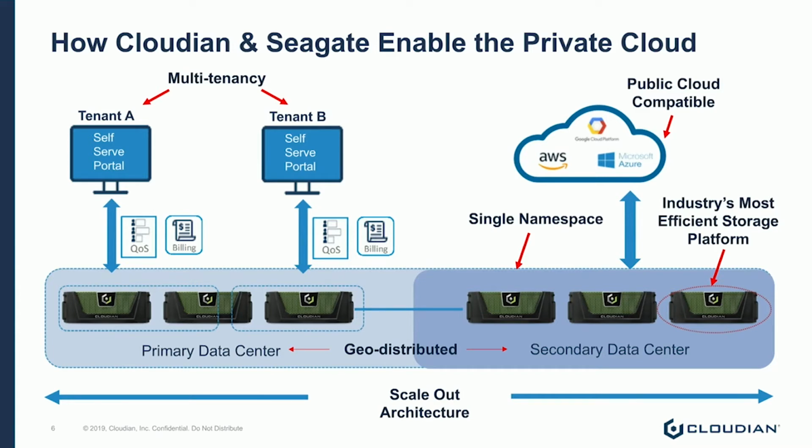It works with all 3 major public clouds, AWS, GCP, and Microsoft Azure, and allows you to not only replicate data into those environments, but also tier, so you can use it for capacity expansion, or you can use it for DR. And this is all managed within the same HyperStore software, so there's no middleware that you have to buy or manage separately. There's no additional licensing required to do that.